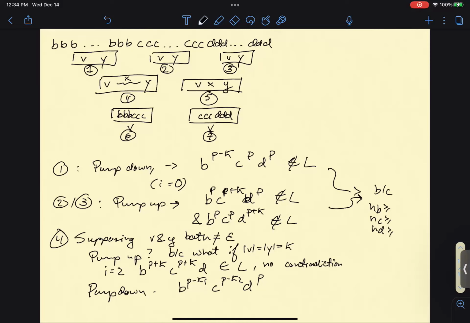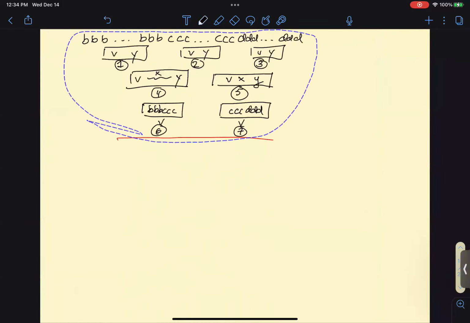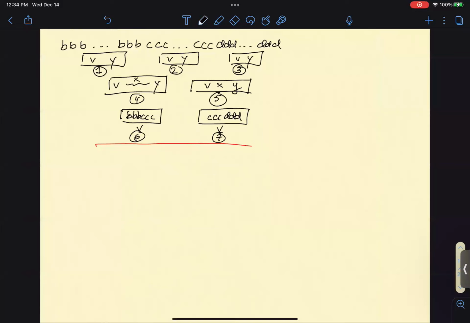So I think it's still copied, right? So case 5, do I pump up or down? Up, right? So can I pump down? No, right?